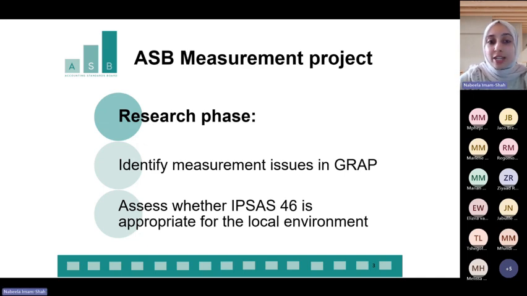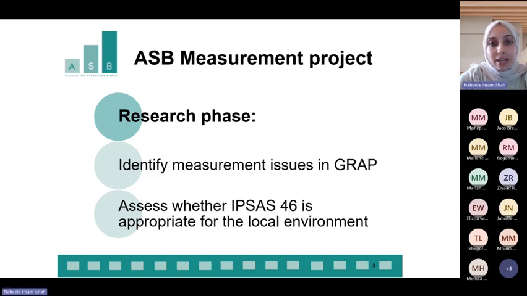What we are doing in today's session is that we will discuss the principles in IPSAS 46, that is the measurement standard in IPSAS. The whole point of having an education session is for stakeholders to go and ponder about the principles in IPSAS 46, because what we want to do after this is then assess whether IPSAS 46 is appropriate for our local environment.